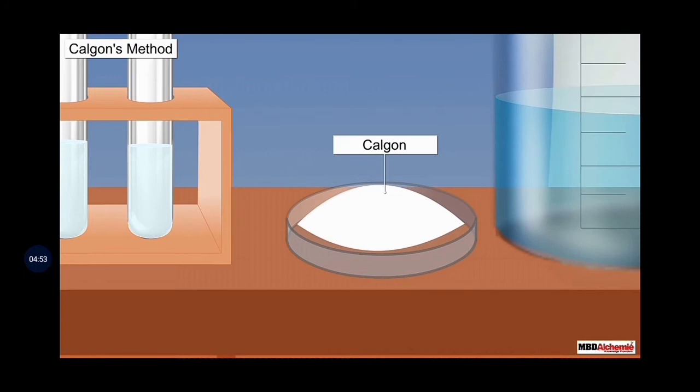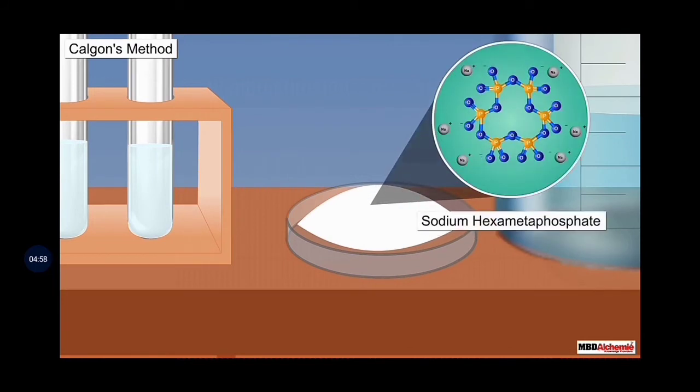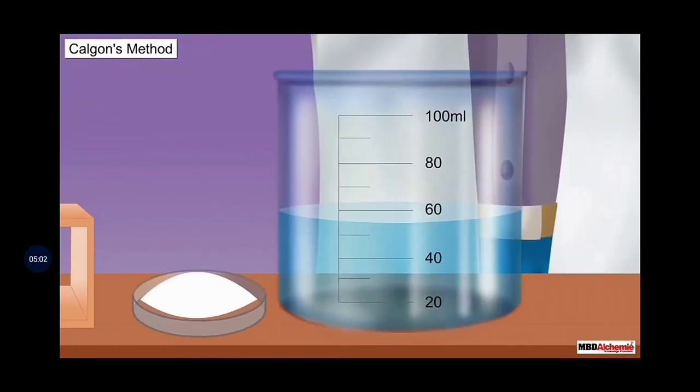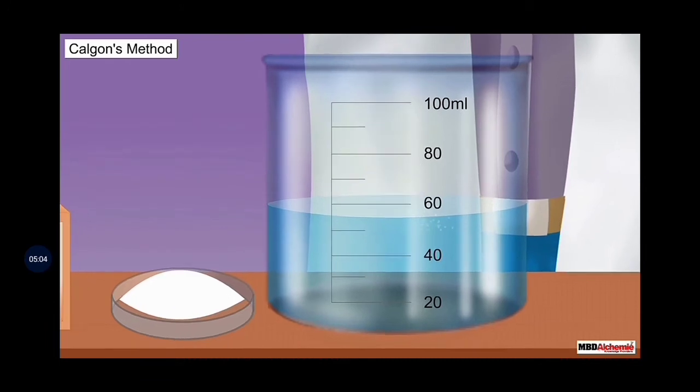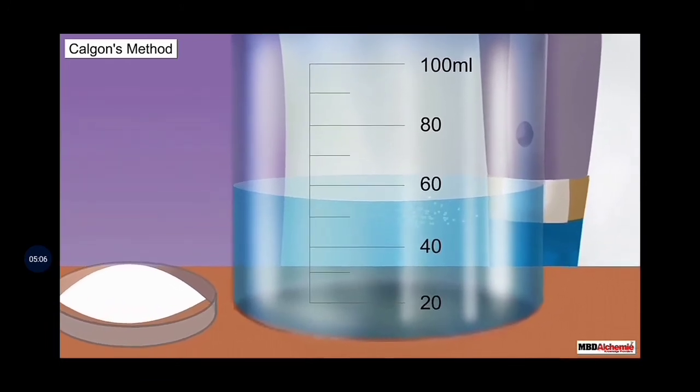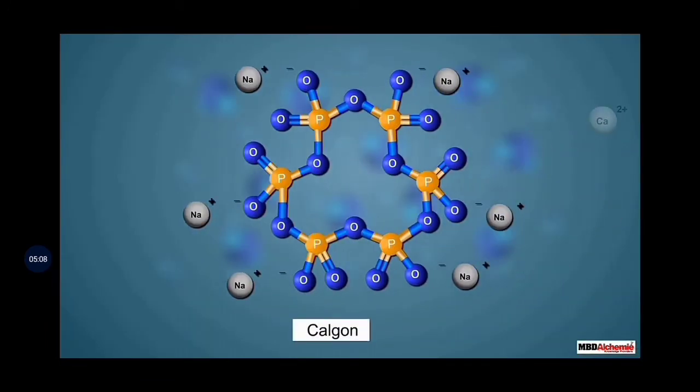Calgon's method uses calgon, which is the commercial name for sodium hexametaphosphate, to remove permanent hardness of water. When calgon is added to water, each of its molecules ionizes to give 2 sodium ions and 1 complex anion.